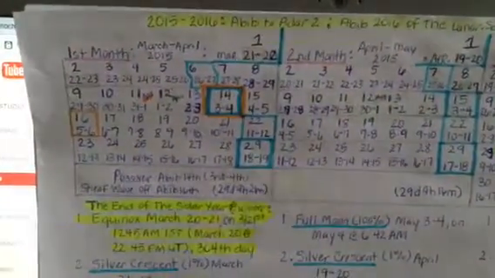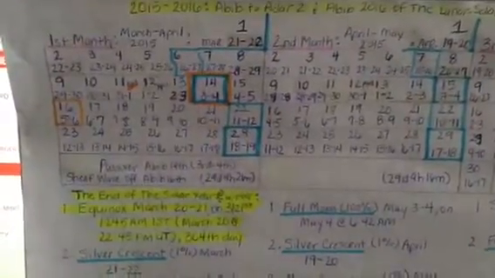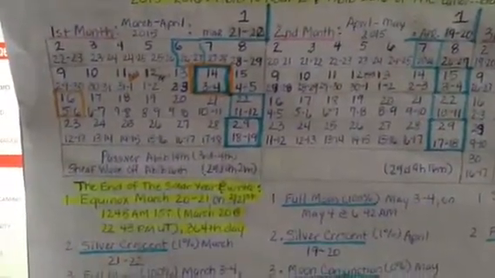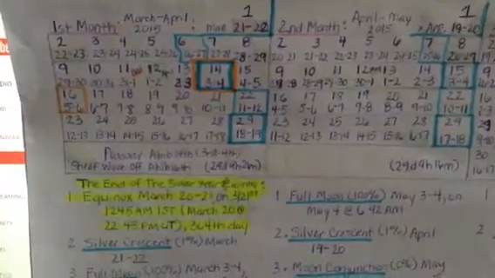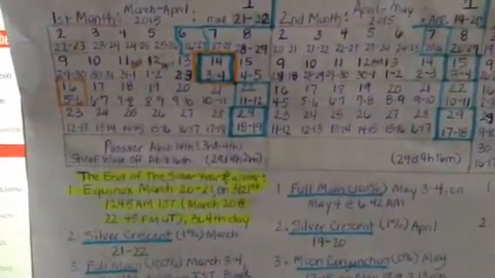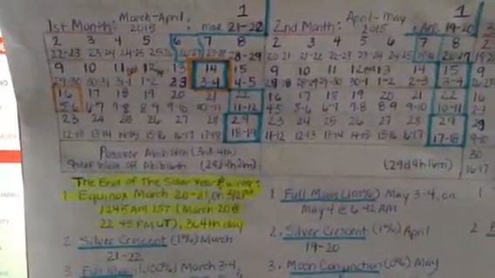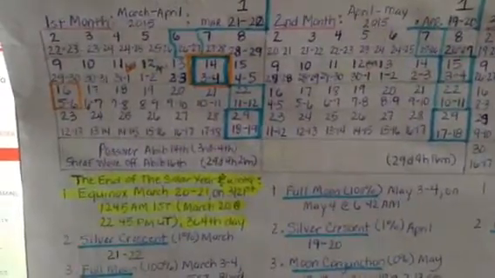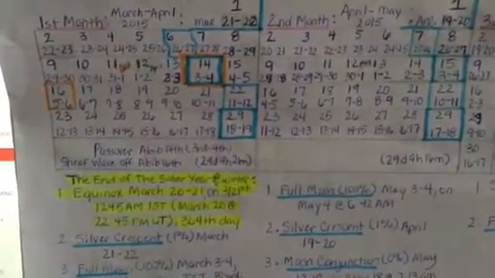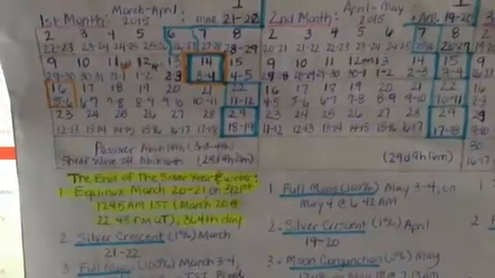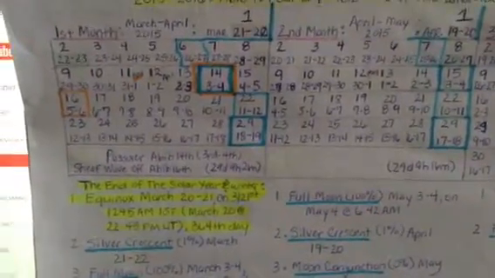Now, in the year of 2015 to 2016, on March the 21st is when the lunar year and the solar year started together. Keep in mind, the moon will vary from year to year. It may start with the solar year, or it may start after the solar year. And that's because of what's written in the book of Enoch.